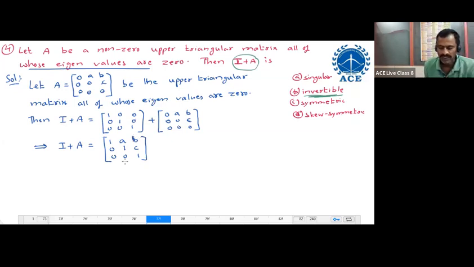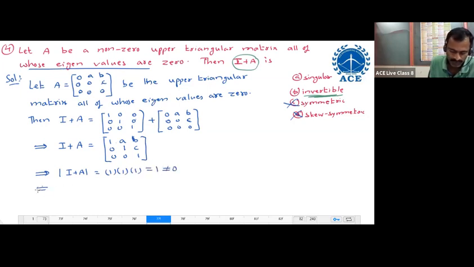Now check whether it is symmetric, skew symmetric, or singular, non-singular. First of all, it is not a symmetric matrix, not a skew symmetric. So these two are wrong. So it should be either singular or non-singular. But it is an upper triangular matrix. The determinant of an upper triangular matrix is the product of diagonal elements, which implies determinant of I plus A equals the product of diagonal elements equal to 1, not equal to 0.